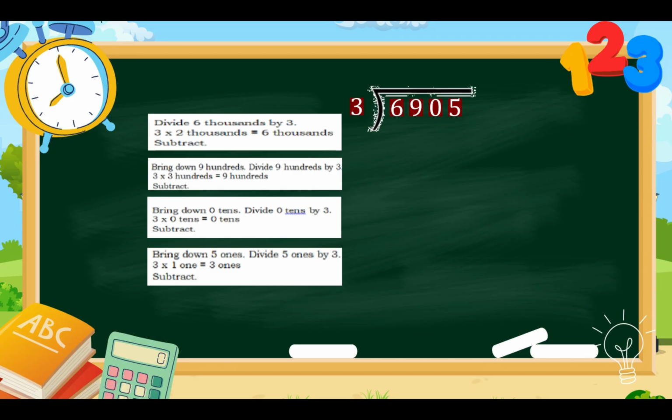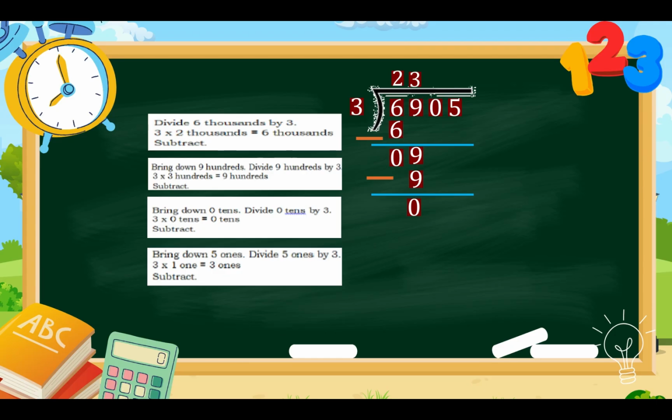So 6 divided by 3, you'll have 2. 2 times 3 equals 6. Then subtract, 6 minus 6 equals 0. And bring down 9. 9 divided by 3 equals 3. 3 times 3 equals 9. 9 minus 9 equals 0.